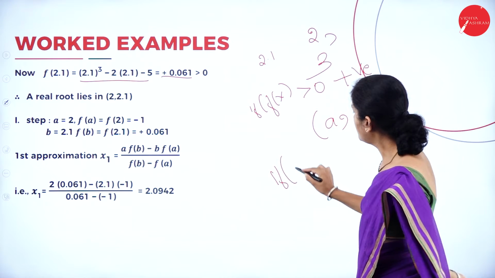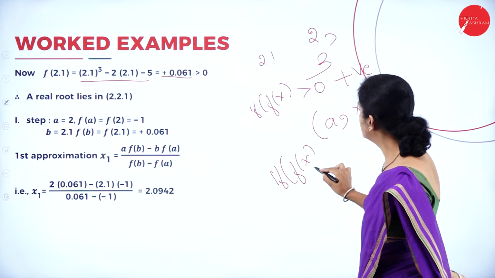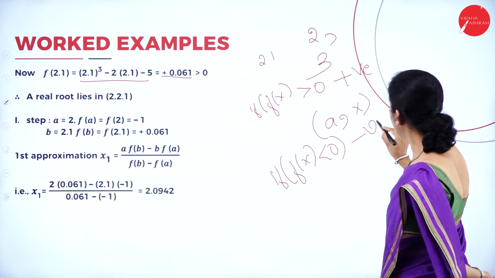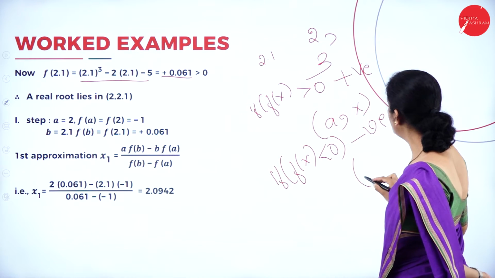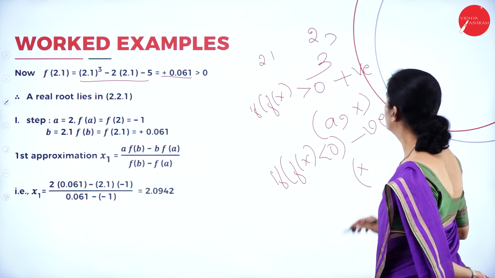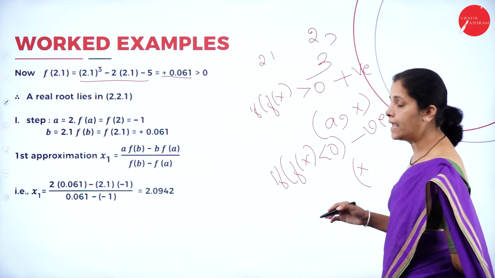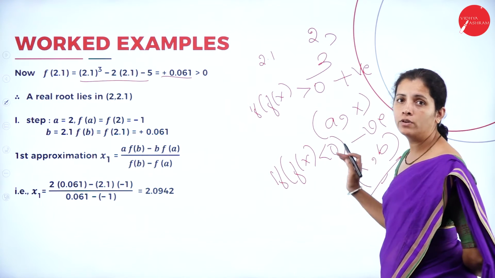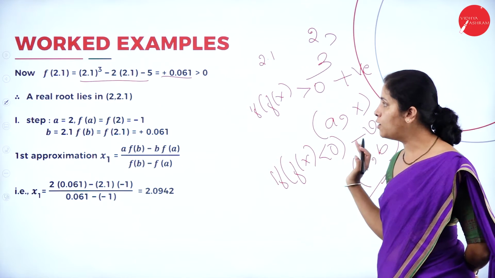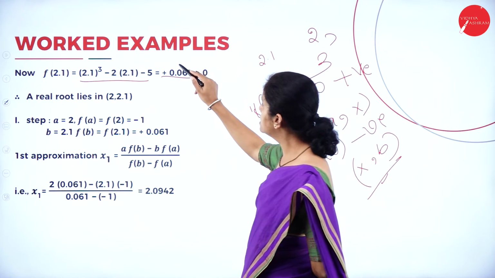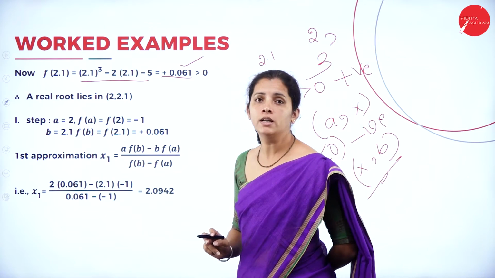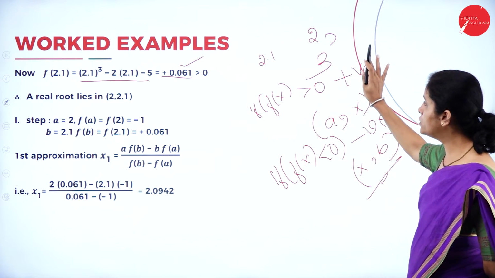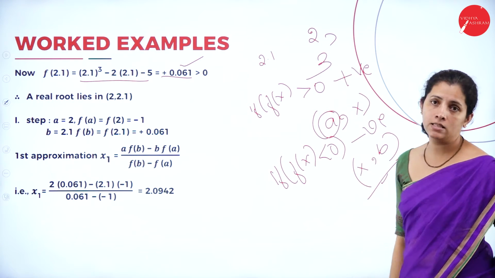If f of x is less than 0, then it is a negative number. I want to change A with X and B remains the same. So you have to remember this condition here also. So it is a positive number. If it is positive, A remains as it is.